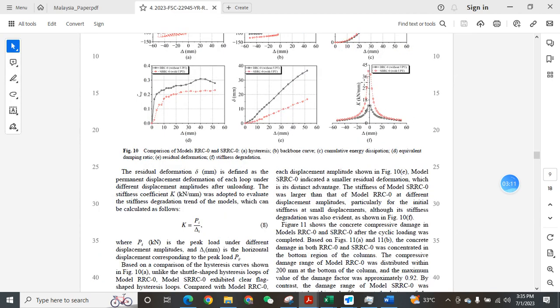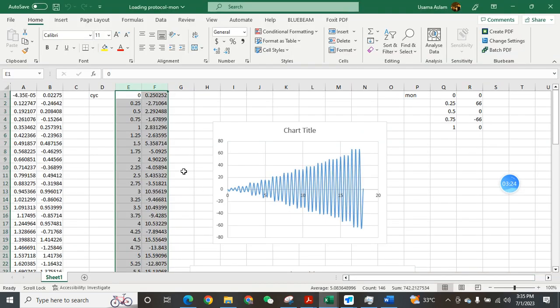And this is another paper where he calculated the stiffness the same way, peak load versus amplitude. So how can we get the value of K? I can show you my Excel file. First of all, this is the data you get from the loading. I have applied the load at differences of 0.25, 0.5, 0.75, and then I calculated the amplitude, the mean, and this is the distance.